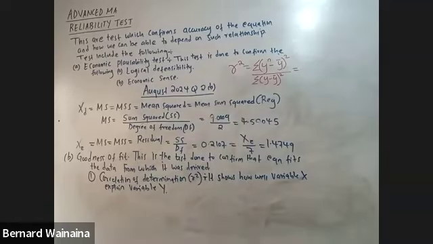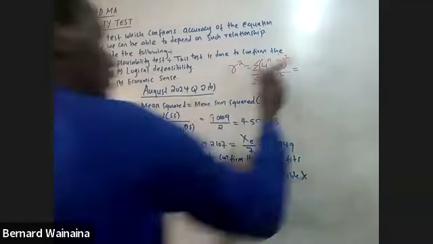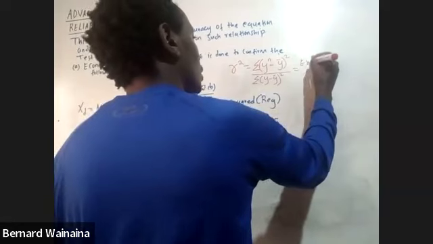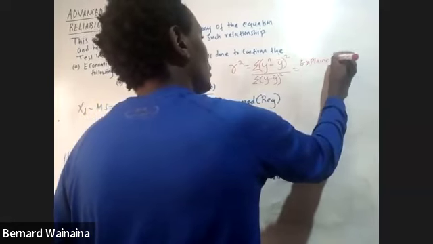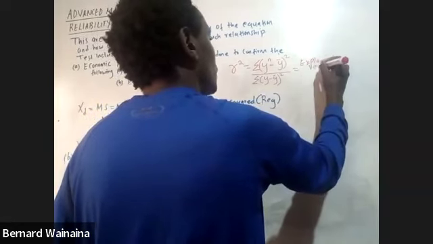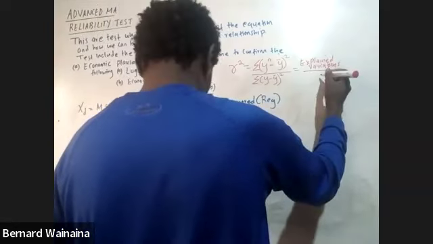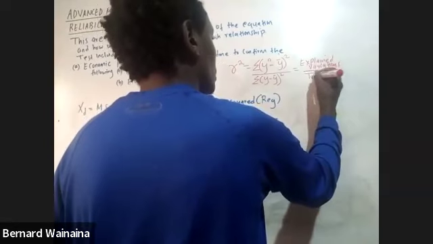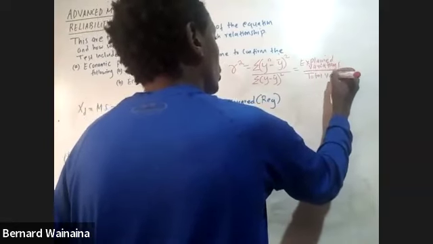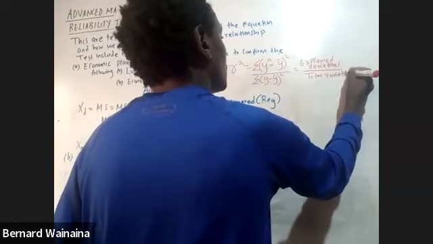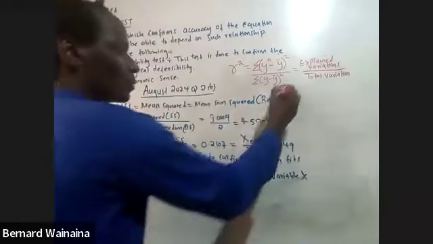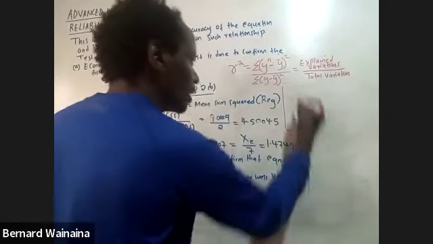Which is the same as saying, and I prefer this second one, explained variation divided by total variation. Now from our question, what is the value of R squared?